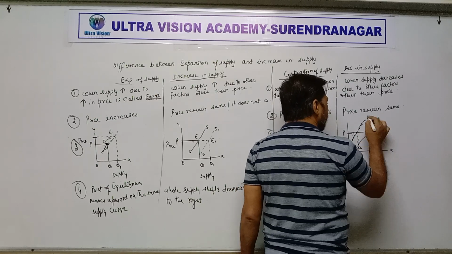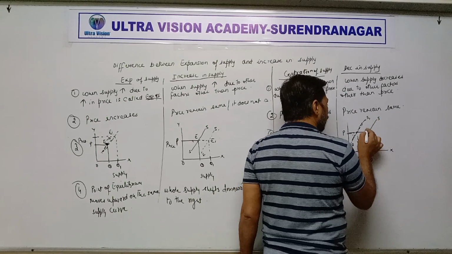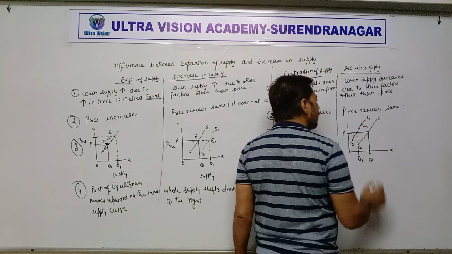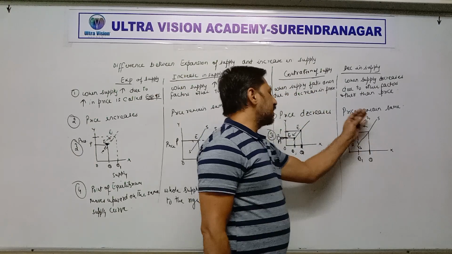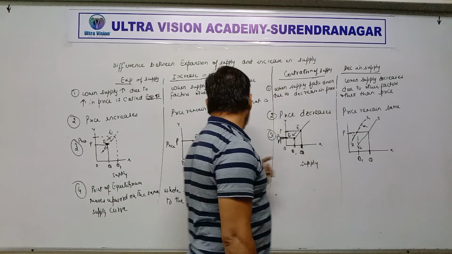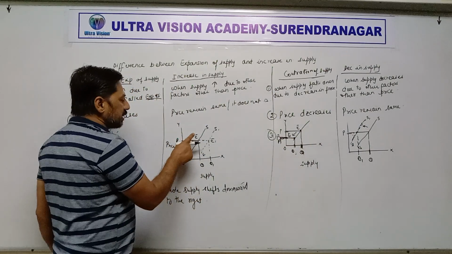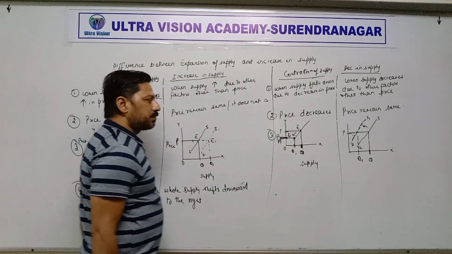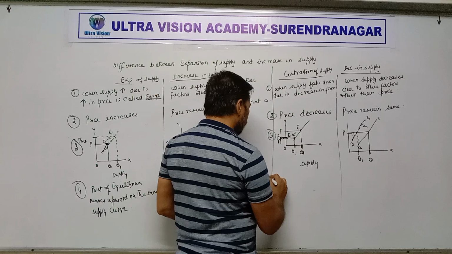S and here S1. In which direction is the supply curve shifted? Upward to the left. This is called upward to the left, and in case of increase in supply, this is called downward to the right.